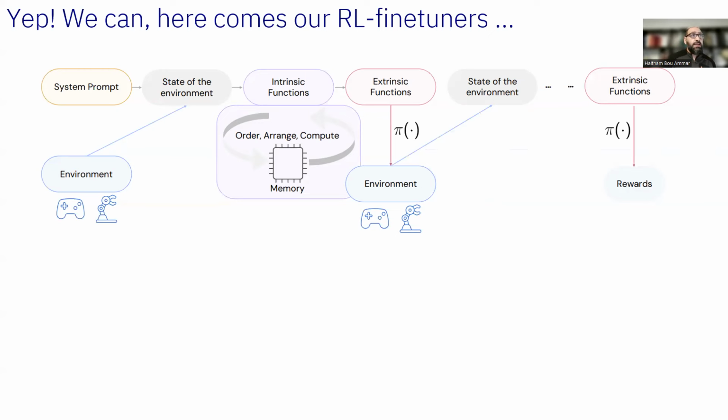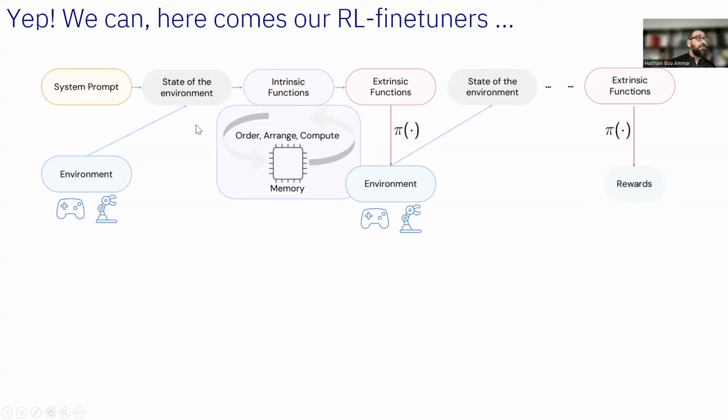The idea here is that this is very similar to a standard reinforcement learning pipeline, but with the critical difference that instead of just taking an extrinsic function action based on the policy pi, there is a thinking step or reasoning step via intrinsic functions that can work with memory, order it, arrange it, compute it, do whatever it wants with it before it allows the extrinsic function to take an action.